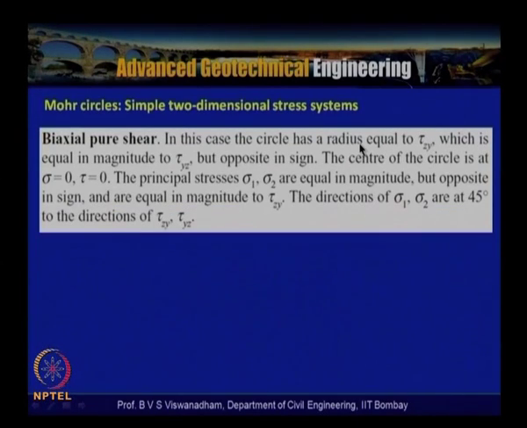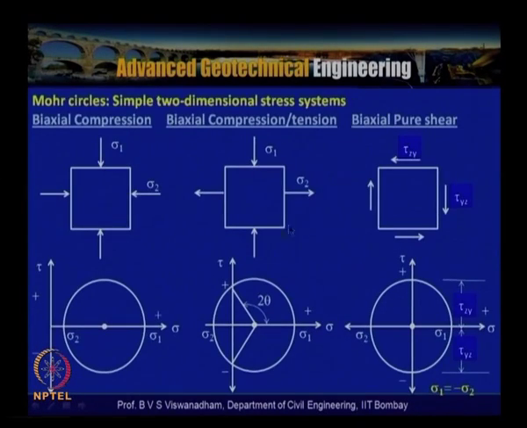That is, these are the points which are acting on the tau 0 axis, the axis where tau is equal to 0. Where the circle meets the sigma axis at this point is called sigma 1, and where the circle intercepts at this point is sigma 2.